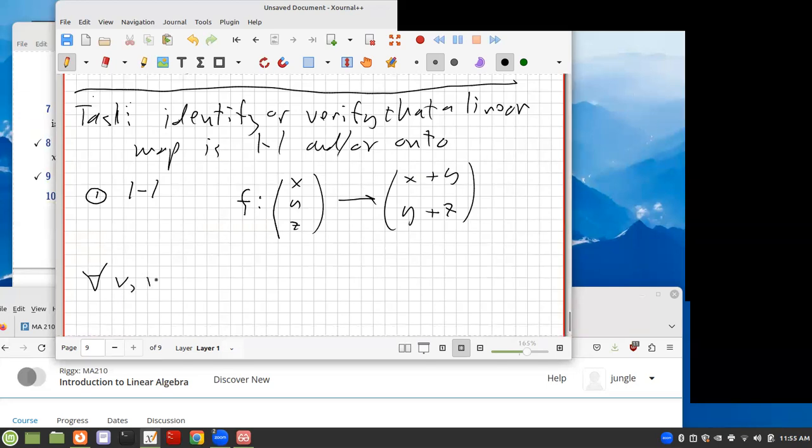For every v1 and v2 members of R^3, right? For every two vectors, we have to have that if f(v1) equals f(v2). If they're the same, then v1 equals v2.